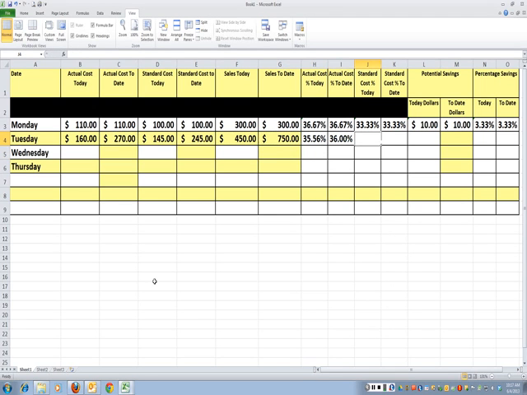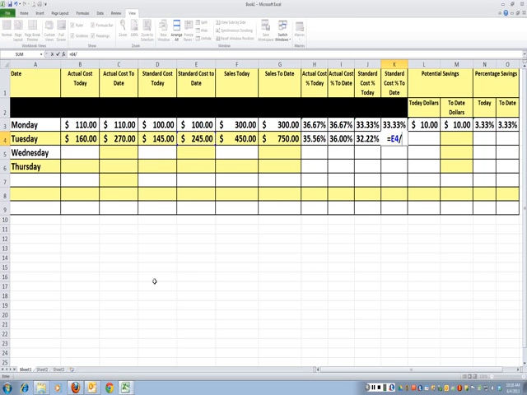All right, 36%. Now we do our standard cost today divided by our sales for today, and we should have been at 32.22. So again, we have a discrepancy where we're actually incurring more costs than what we should be.